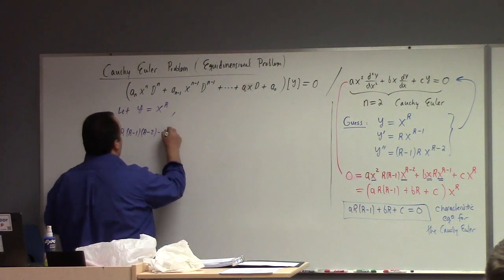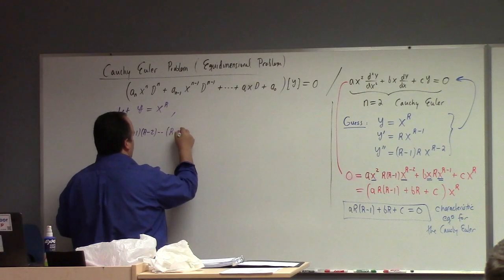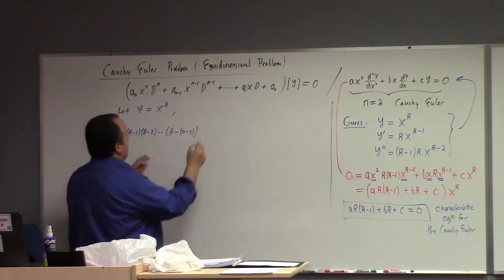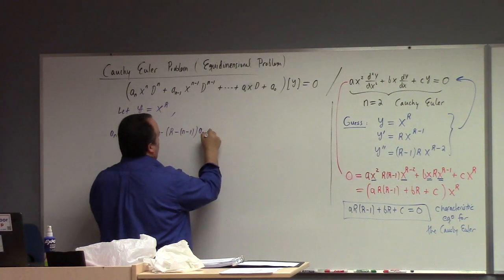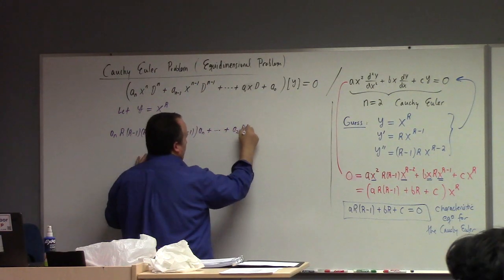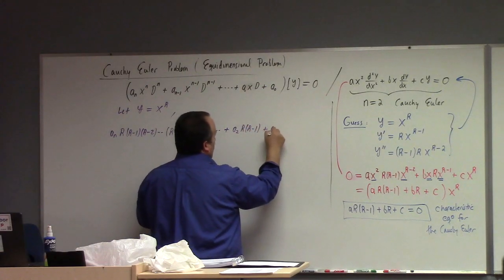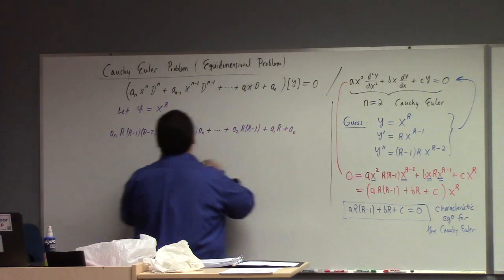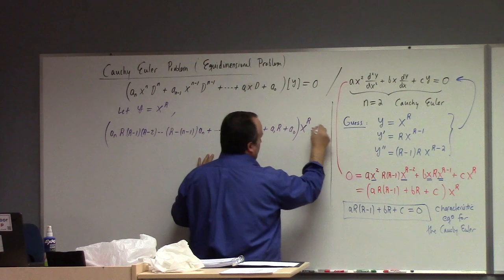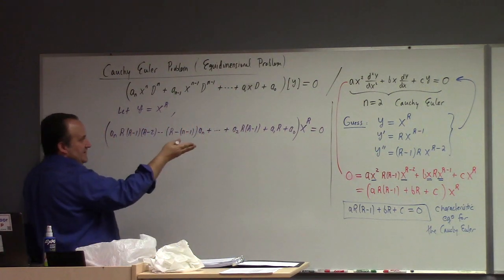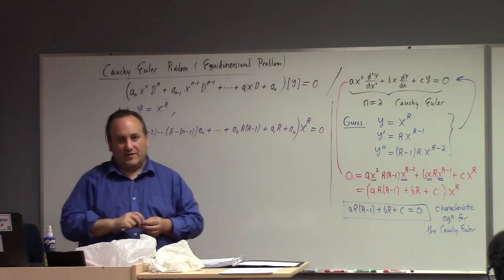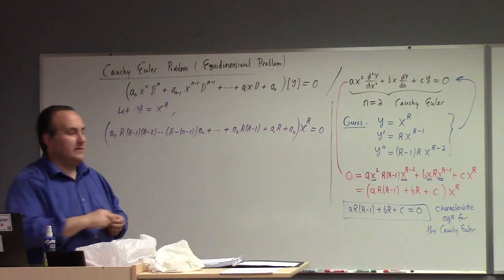So it goes all the way down to r minus (n minus 1). That's how far the leading term goes. And then a_n. And then I'll spare you the next term until we get all the way down to a2 r times r minus 1 plus a1 times r plus a naught. And you know what factors out of that? x to the power r equals 0. It's the same exact calculation I did for n equals 2. It's just you've got more differentiations and hence more uglification of your quote-unquote characteristic polynomial.